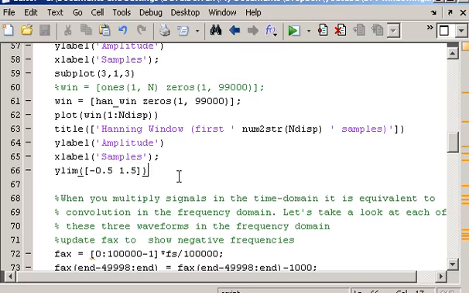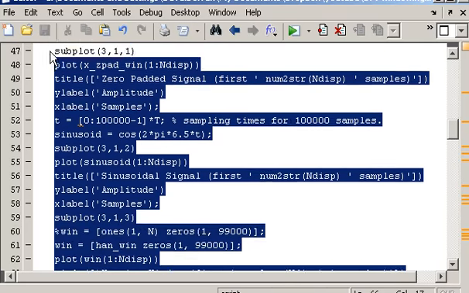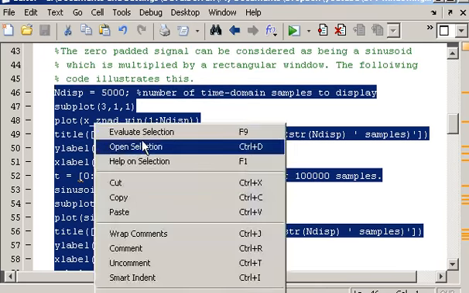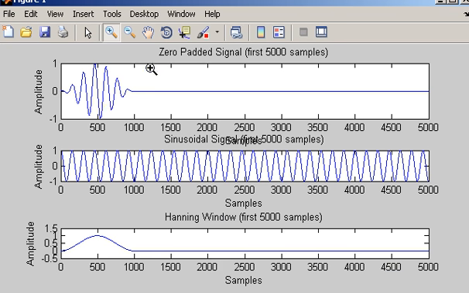Let's just evaluate this piece of the code now. So from a time domain perspective, what's happening now is, again, I still have my sinusoid, but this time I'm multiplying by a Hanning window. Okay, so there's my Hanning window to get this new Hanning windowed and zero padded signal.